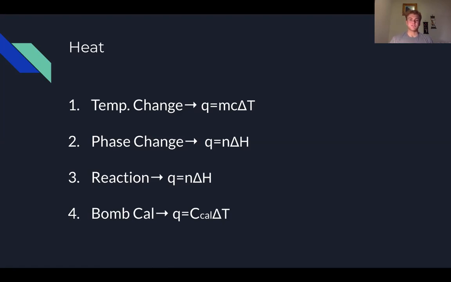Our job is to calculate the change in temperature and the heat that's given off by that reaction inside. So you could very well see it coupled as C cal delta T plus n delta H, because you'd have a reaction plus the temperature change happening inside the bomb calorimeter.